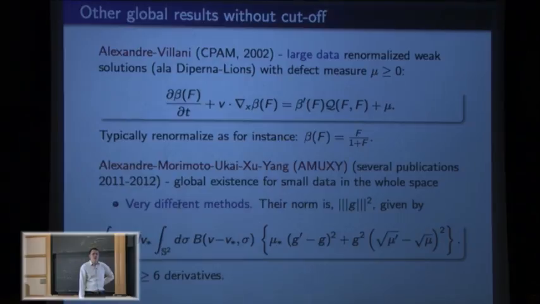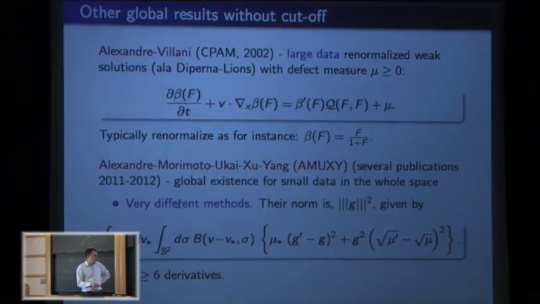It doesn't have this sharp geometric understanding of the diffusion that ours does. It's a rewriting of the Boltzmann equation where they use the exact kernel and they do expansions and commutator estimates. But they did something similar. So there's another result.